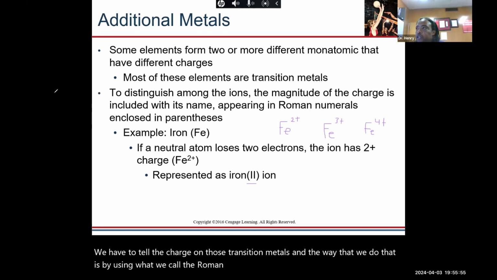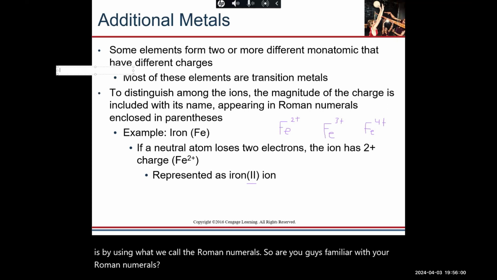So are you guys familiar with your Roman numerals? Yes.